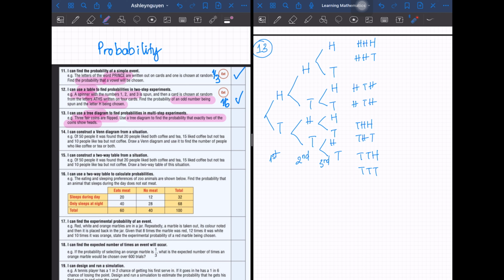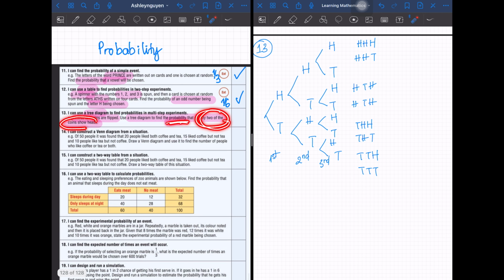Alright. Now, it says the probability of exactly two coins being heads. It doesn't say head in the first or second time. So any outcome that has two heads counts. 1, 2 heads, 2, 3, 4. 1, 2, 3, 4.